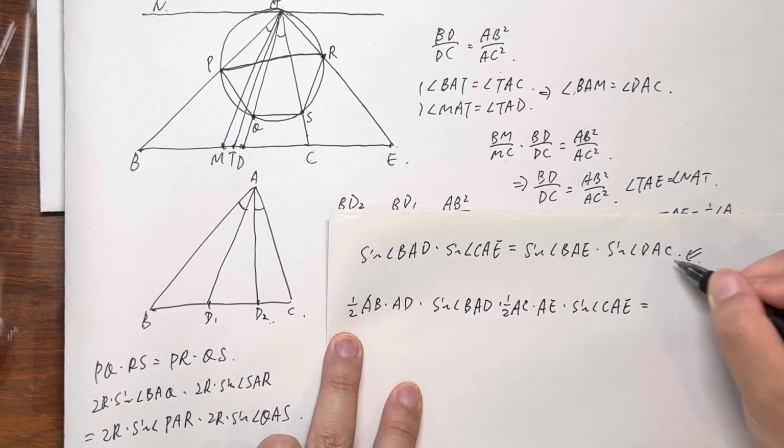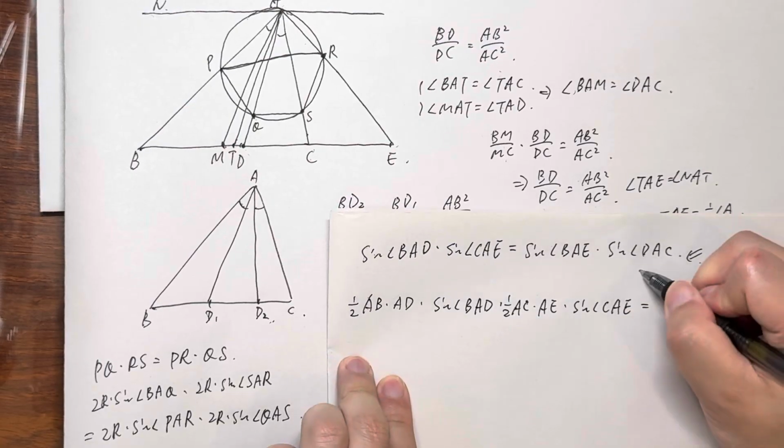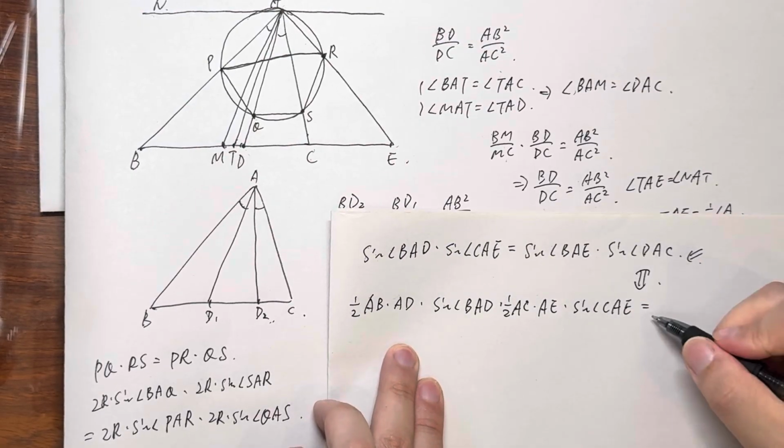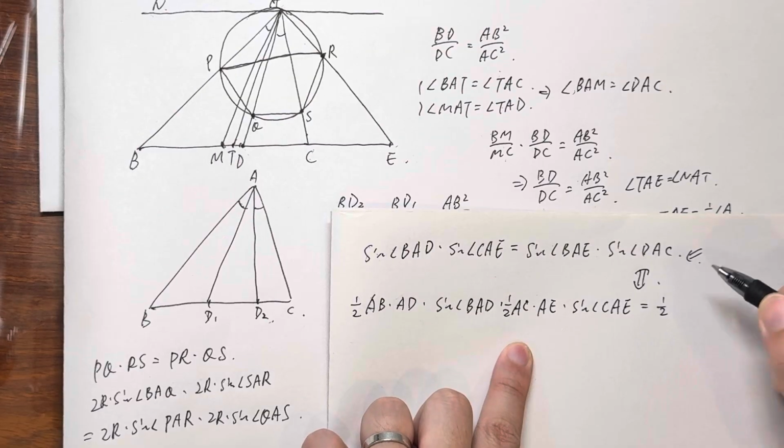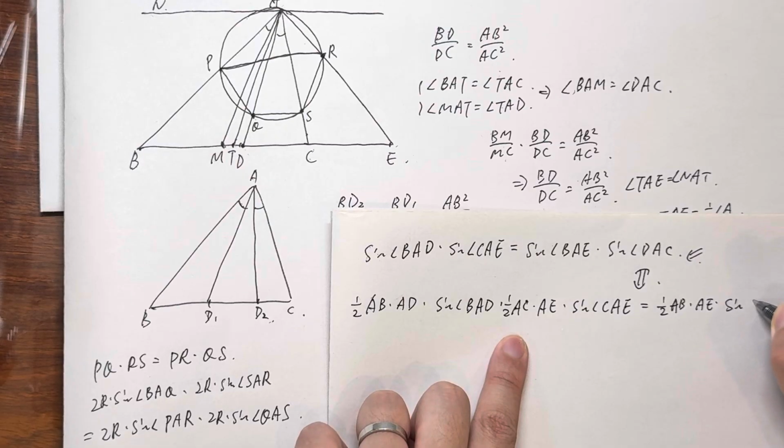It's equivalent to this one, that I write down as half of BAE, which is AB times AE times sine angle BAE, times half of DAC, which is AD times AC times sine angle DAC.